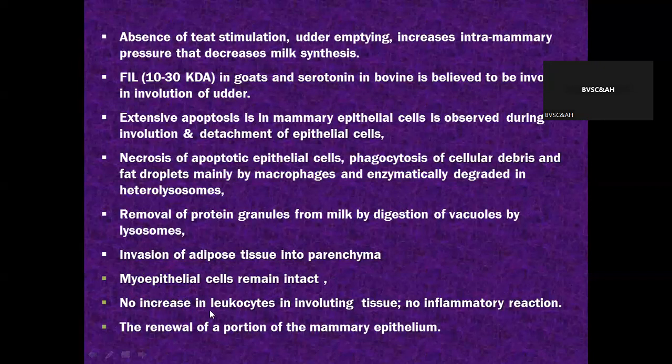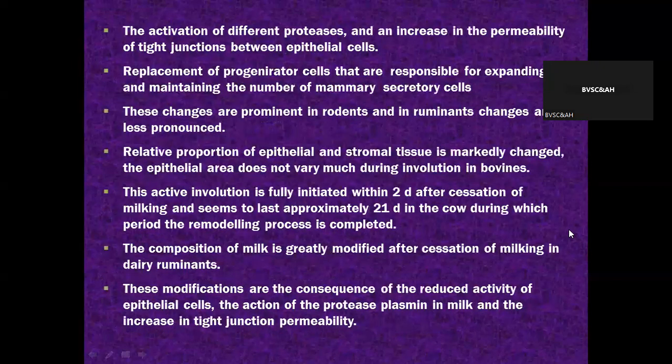Though there is an increase in leukocytes in involuting tissue, no inflammatory reaction has been observed during involution in the dry period. The removal of a portion of the mammary epithelium is obvious in bovines. Then you'll find activation of different proteases and an increase in the permeability of tight junctions between epithelial cells.